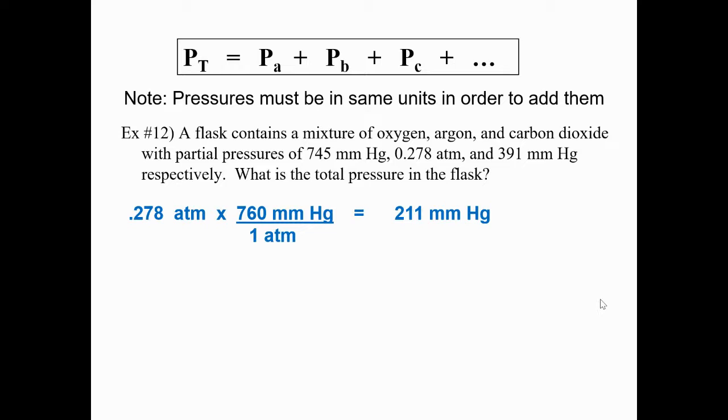So in order to determine the total pressure, in order to add them together, they must be in the same units. So I have millimeters of mercury here. I have millimeters of mercury here. I'm going to choose to take the odd man out, atmospheres, and convert it to millimeters of mercury.